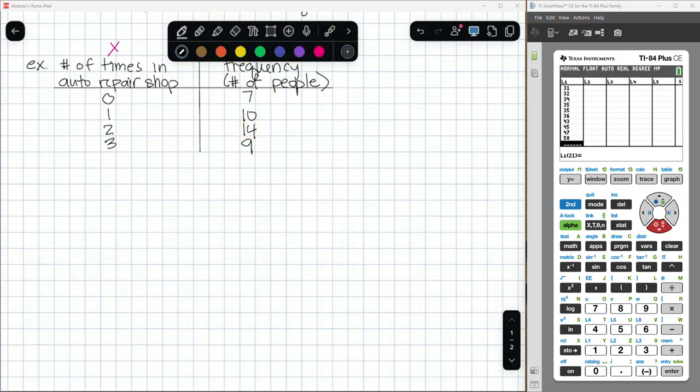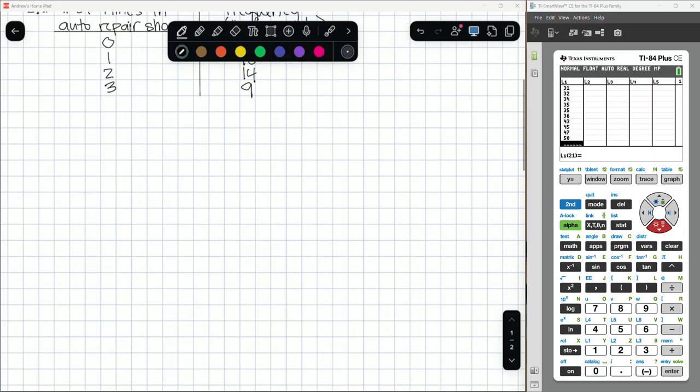So I need to count appropriately when I draw this. So I'm going to put my 0 here, and then I'm going to go 2 boxes for 1 because I want to spread this out. So 1, 2, 3, 4 will give us some extra room. So 1, 2, 3. I've got some extra there.